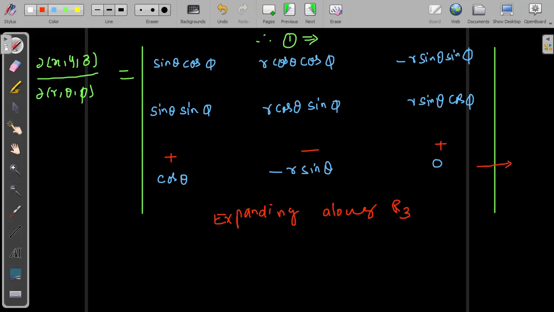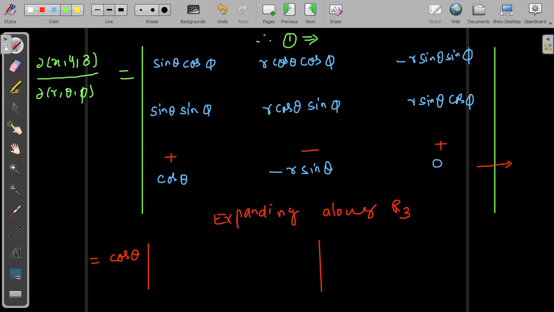In that case I will be writing here: this is equal to cosine theta outside. Now I have to write here a determinant of order 2 by 2. What does it mean? Cosine theta: excluding this row and this column, the first column and third row, we are only left with these four elements. So I'll be writing those four elements.